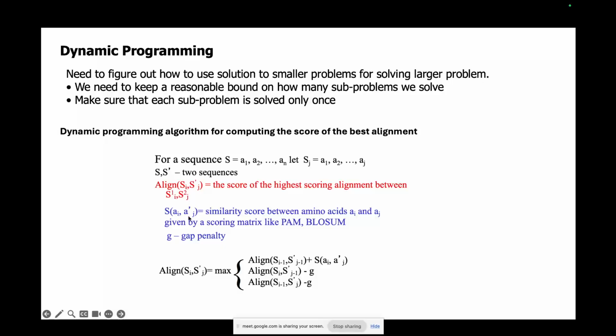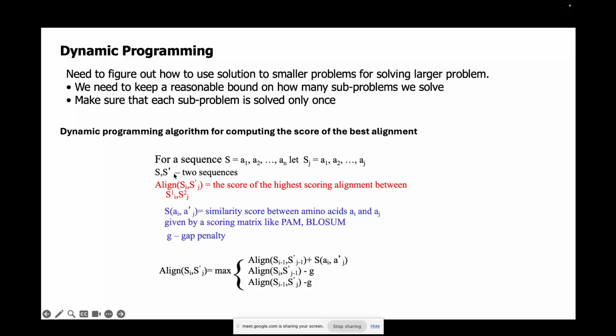I'll just quickly go over the algorithm as well. So if you have two sequences like this, S and S prime, A1 A2 till An and A1 A2 till Aj, the idea is that you need to align till the ith position in S and till the jth position in the second sequence.